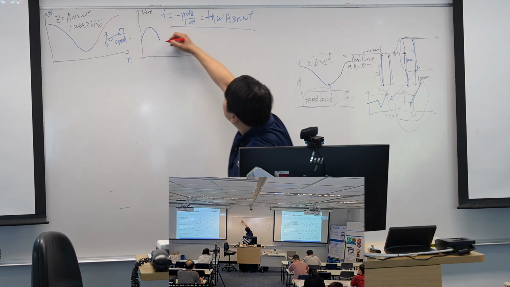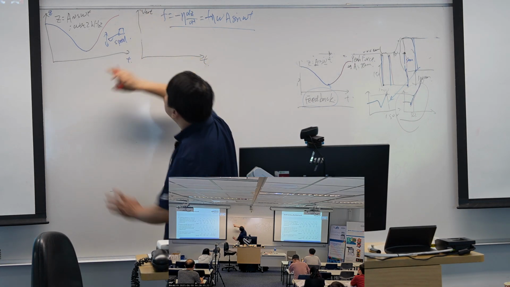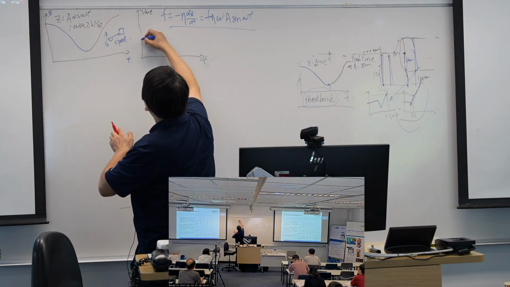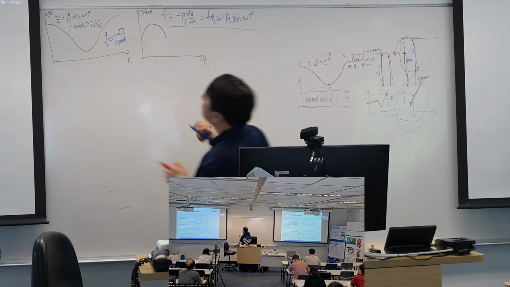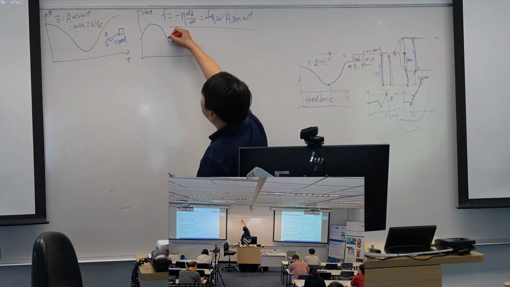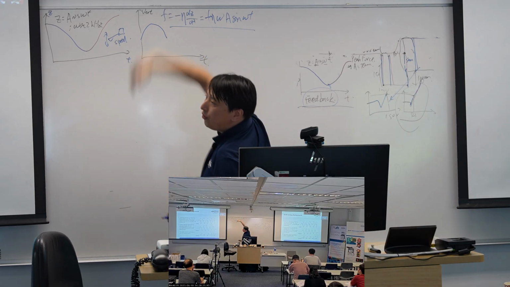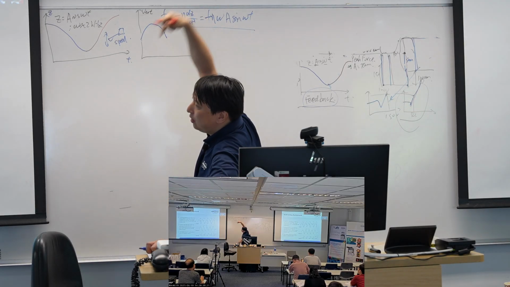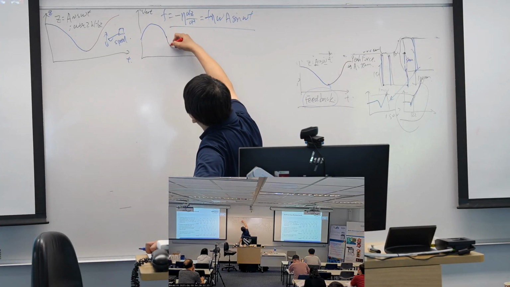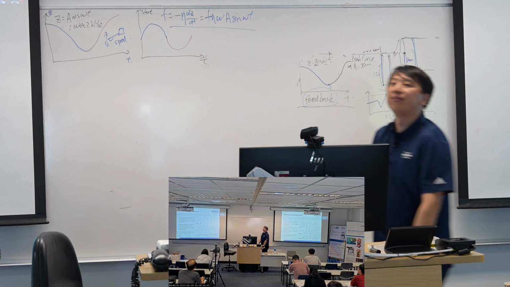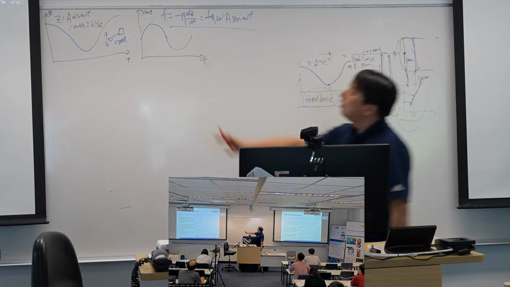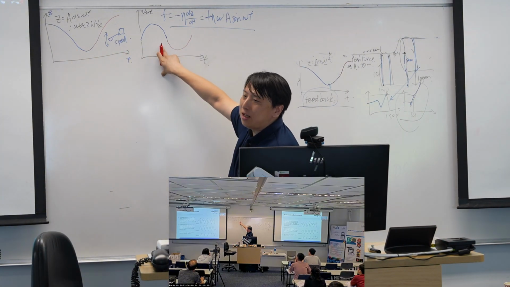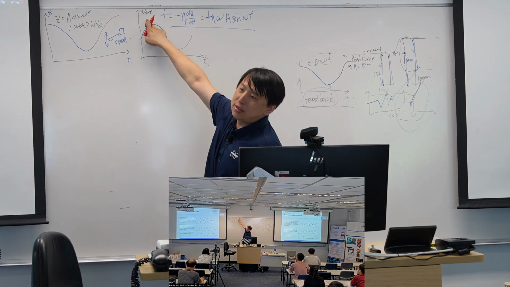I'm sorry, let me try to make the same period. Then when the probe is moving up, it will sense a hydrodynamic force facing down. So this is how the Z changes. This will be the hydrodynamic-caused vertical change.